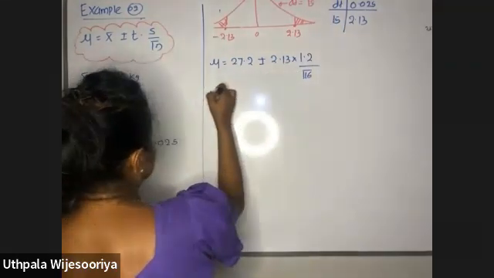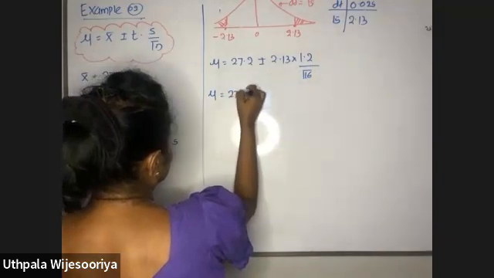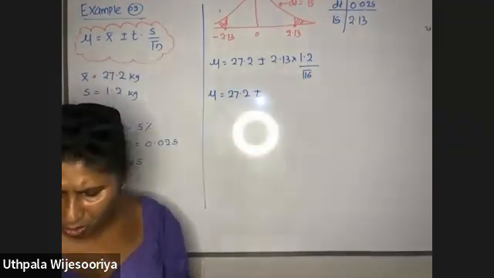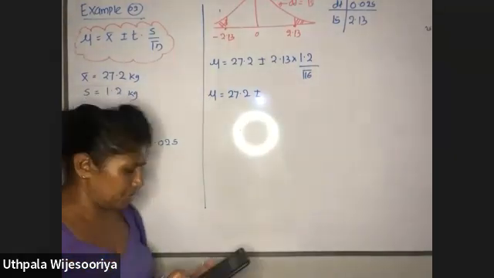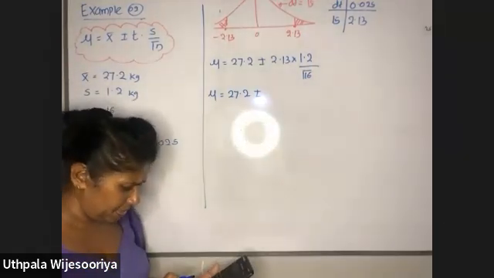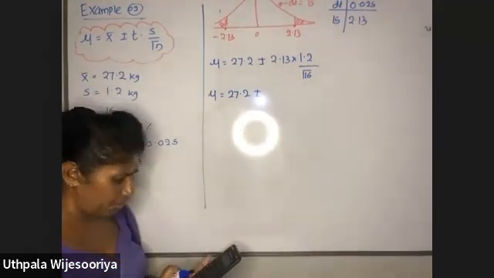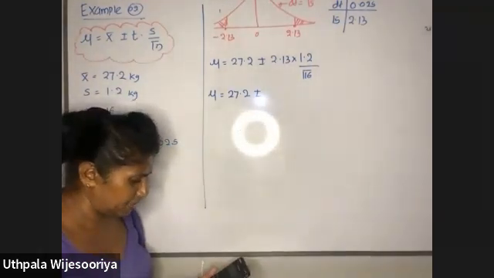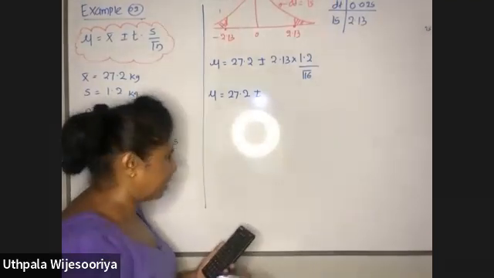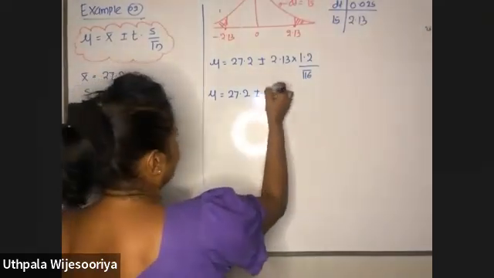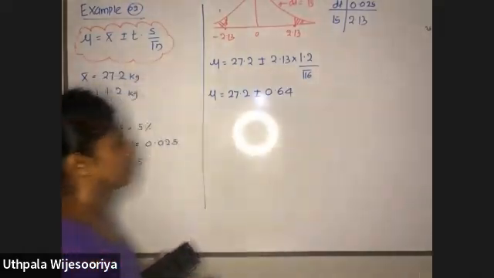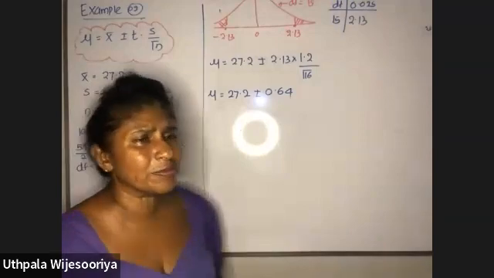Calculate your error term. 2.13 into 1.2 divided by 4 is 0.639, so about 0.64. The error term is 0.64 kilograms around the point estimate.